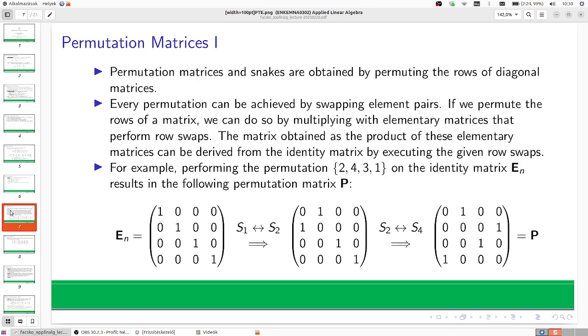That's fine. You have a vector quite large, and then you switch the first and the second row. Then you got this. Then you switch the new second row and the fourth row. And you got this matrix, and it's P like permutation.